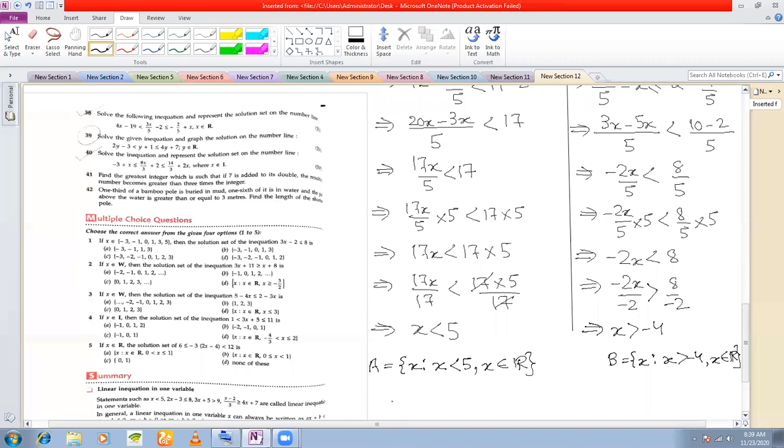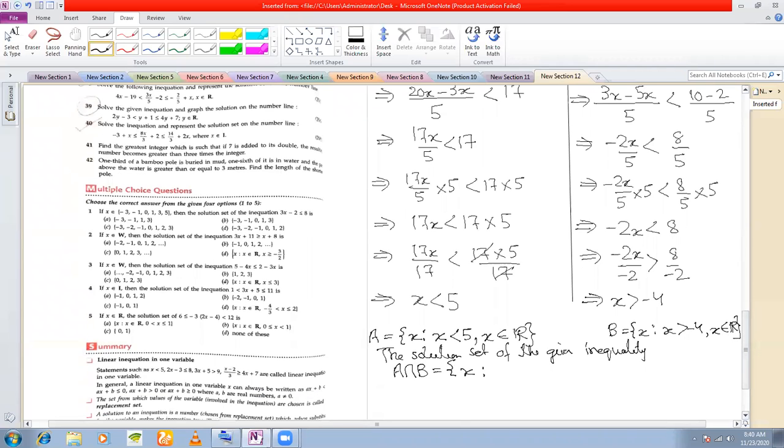So the solution set of both the inequalities will be the intersection of the two, A intersection B. In fact, the required solution, the solution set of the given inequality is A intersection B and is given by x such that x is less than 5 and x is greater than minus 4. That means x lies between minus 4 and 5, but x cannot be equal to minus 4 and 5, where x is a real number.